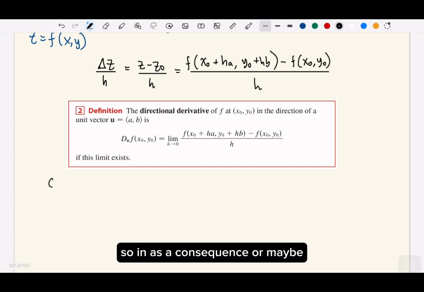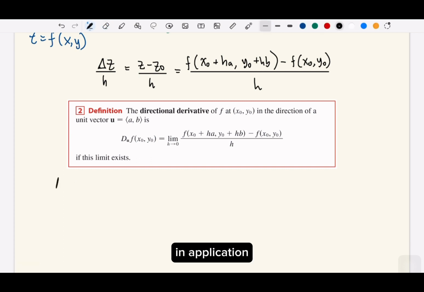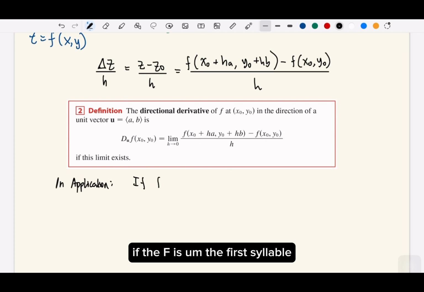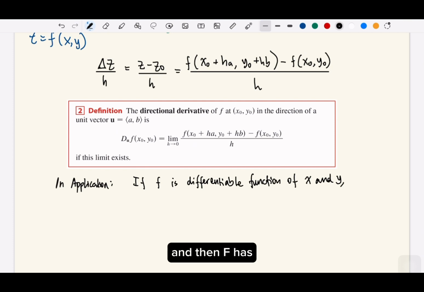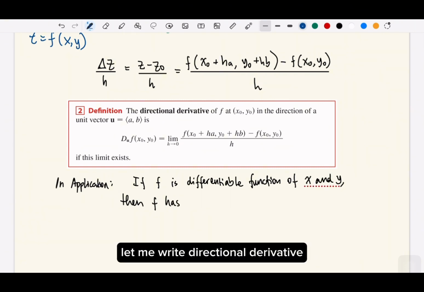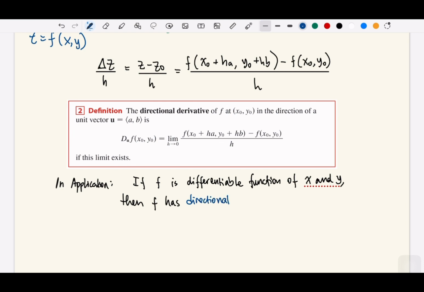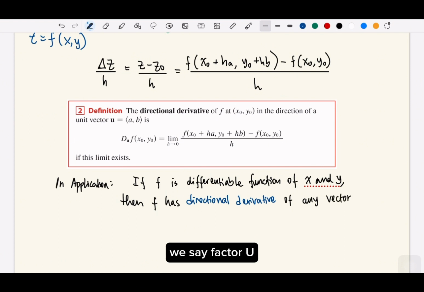As a consequence, or in application, if f is a differentiable function of x and y, then f has the directional derivative of any vector.